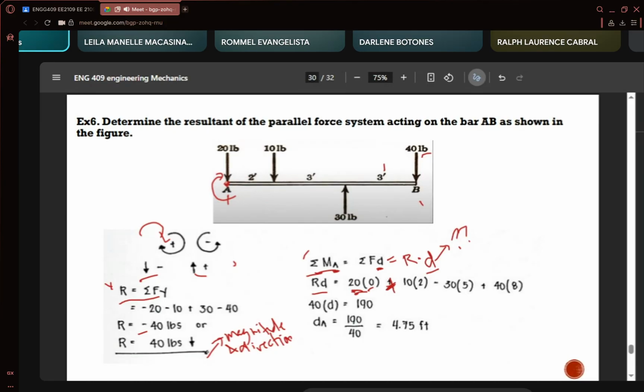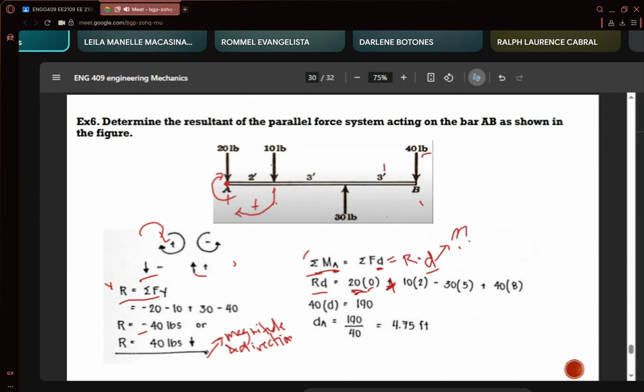So the answer here is, the technique is to extend the arrow. Extend the arrow and curl it towards your point so that you will know what is the direction of your spin or your rotation. So from here, this rotation is counterclockwise, so that's positive.